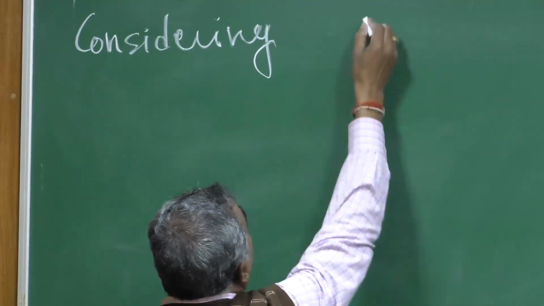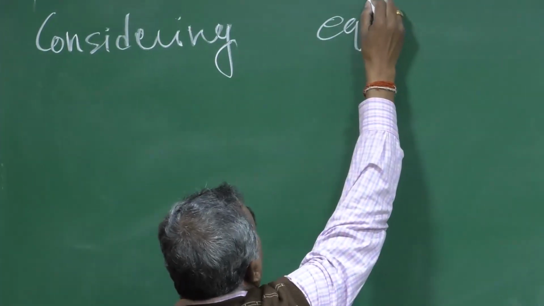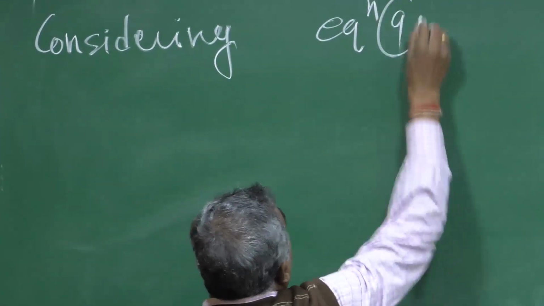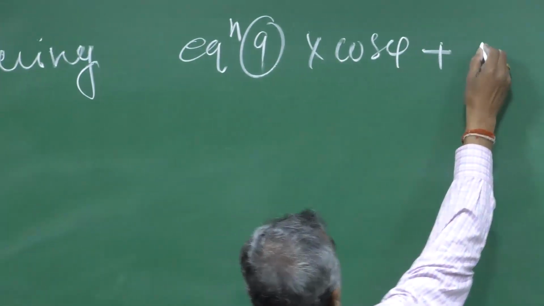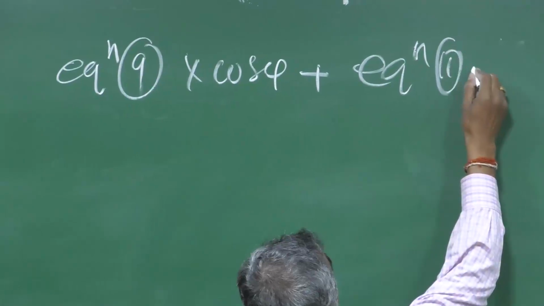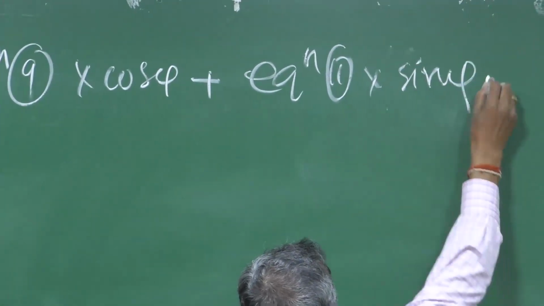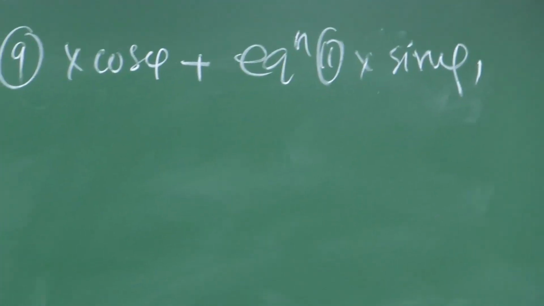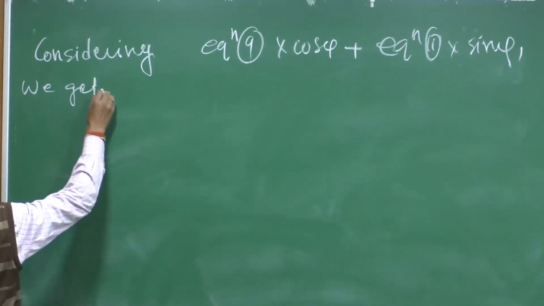Considering equation 9 into cosine phi plus equation 11 into sin phi, we get, what?